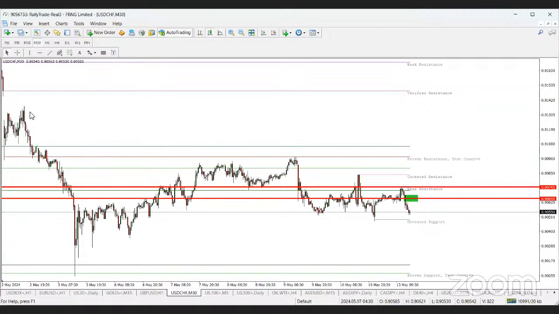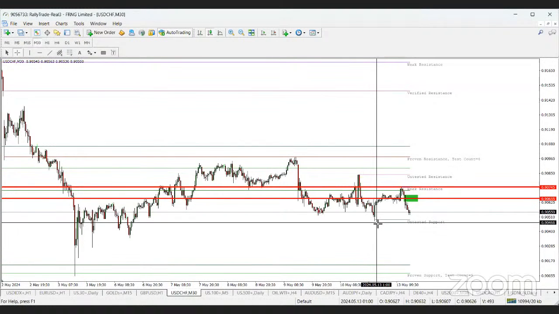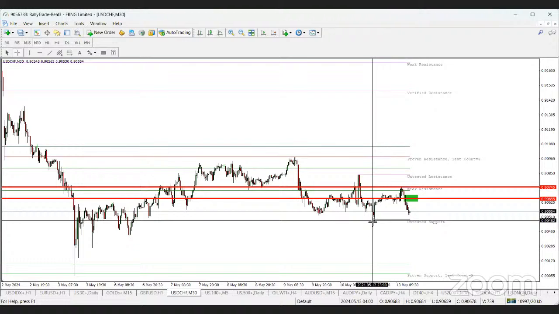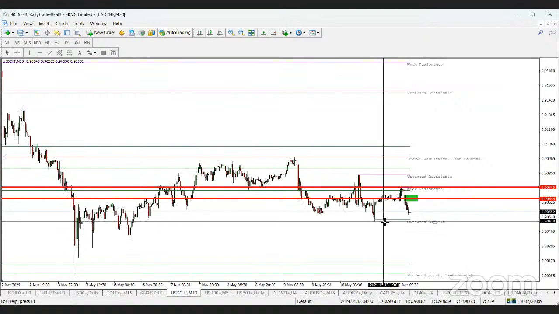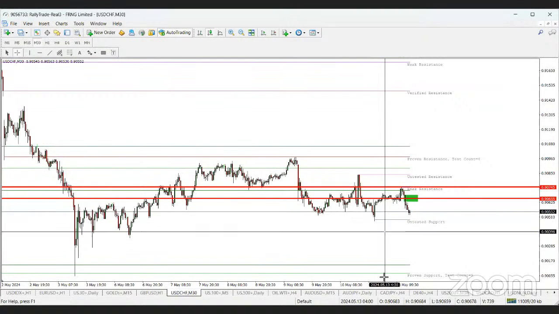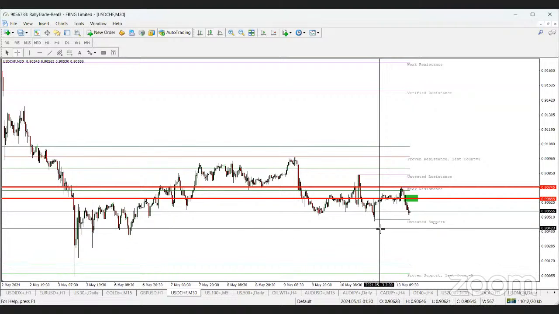The reason I'm saying this is that the last place price came down to and rejected upward, if price falls below that point, price will return back to take liquidity from there and begin to head further down.